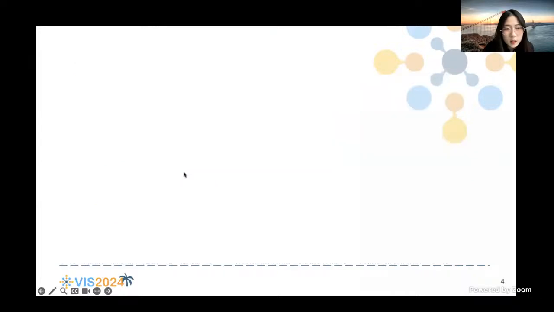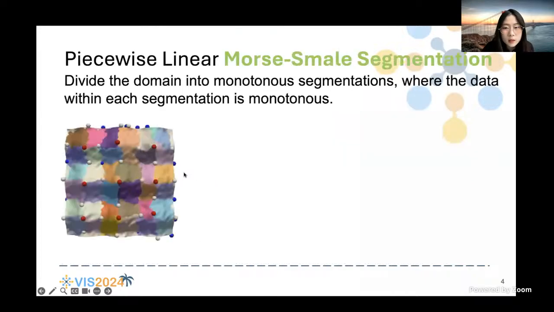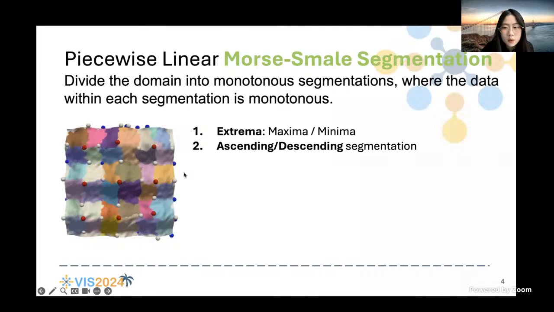So what is PLMSS? It consists of extrema, which we refer to as critical points in the later context, and also the ascending and descending segmentation that divides the domain into monotonous segmentations, where each data point or vertex within the same segmentation is monotonous.